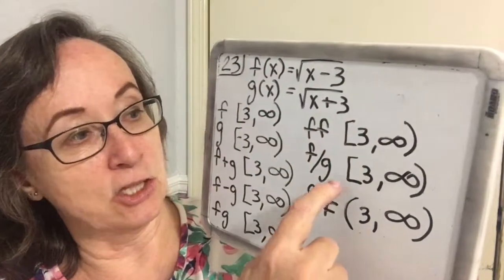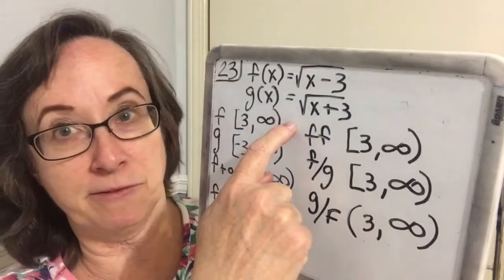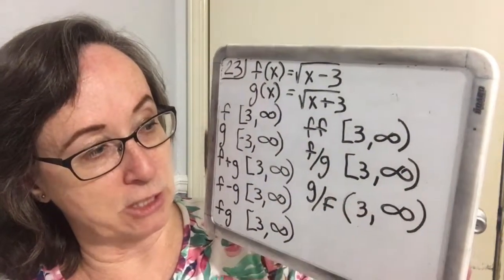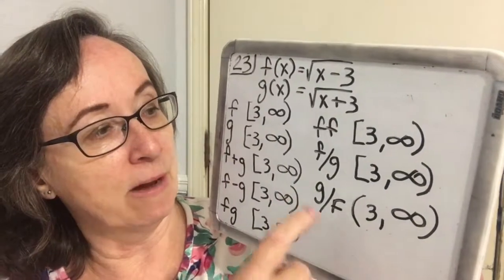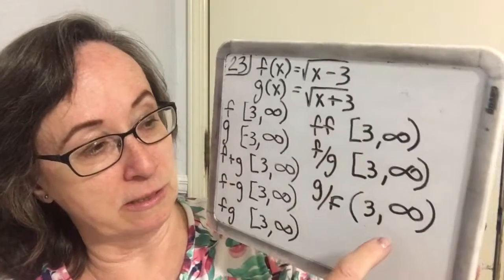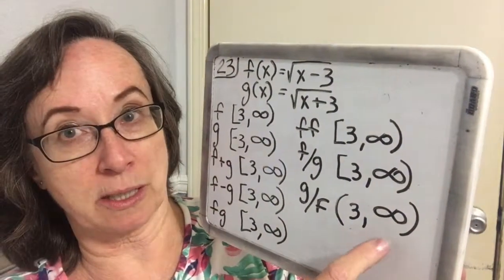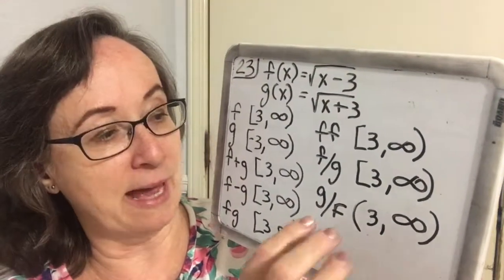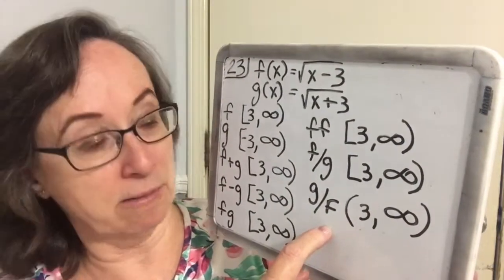And since the g function is on the bottom, the f function domain is still good for f divided by g. But look at g divided by f. Now our most restricted function, the f function, is not going to be able to work completely because now we not only have to have the denominator cannot be 0.